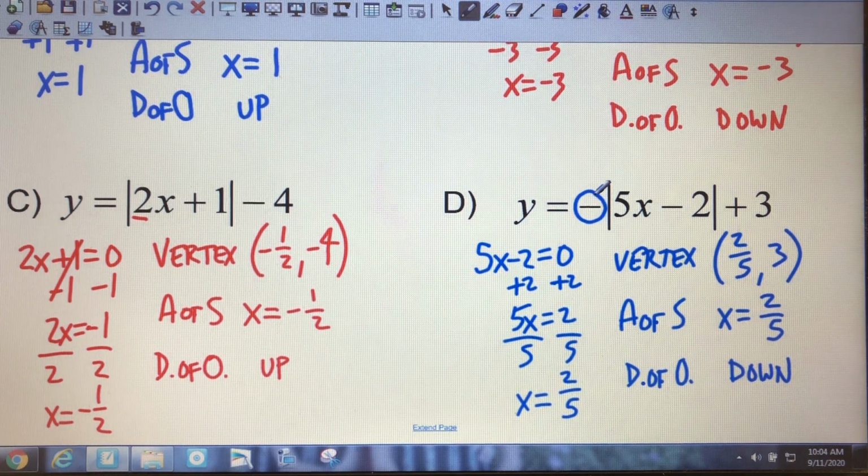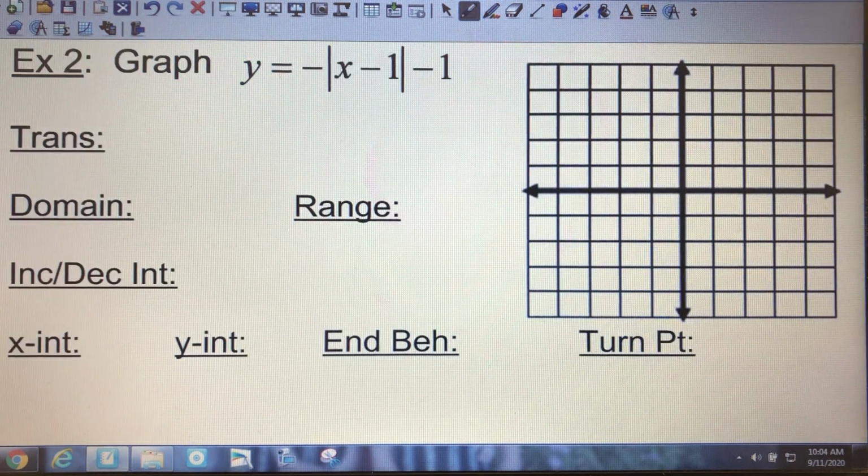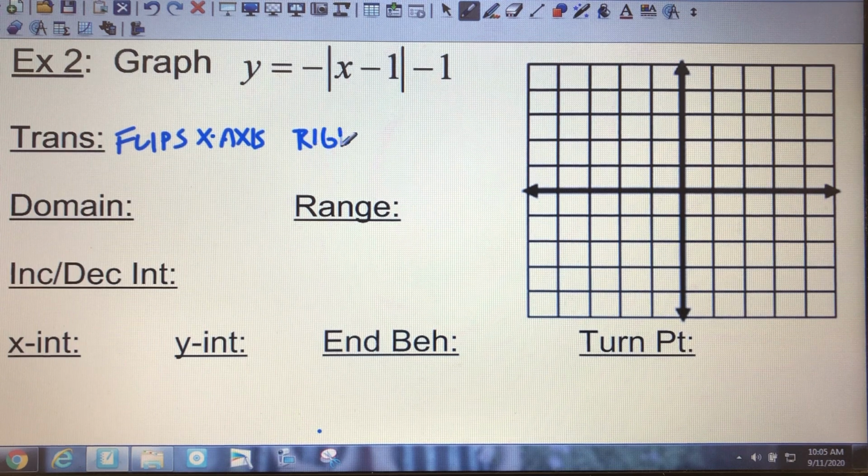Okay? All right, so let's look at some graphs now. So we're going to start with a basic graph. We did this in Unit 1. So this one hopefully is not that big of a deal. So you should be able to see that this flips the x-axis. It goes right 1 and then down 1.